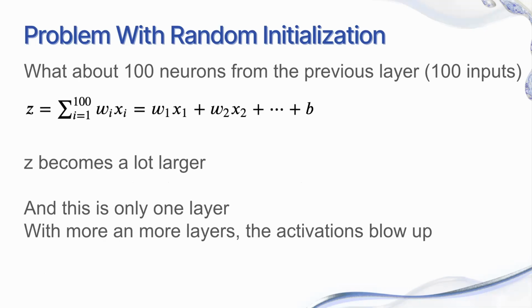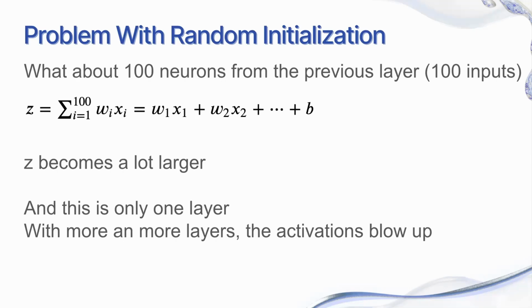Then your activation computation becomes W1x1 plus W2x2 plus all the way to W100x100, plus B. You see your summation quickly becomes large, and with more and more neurons, your Z value also grows significantly, which is what we refer to as uncontrollable.